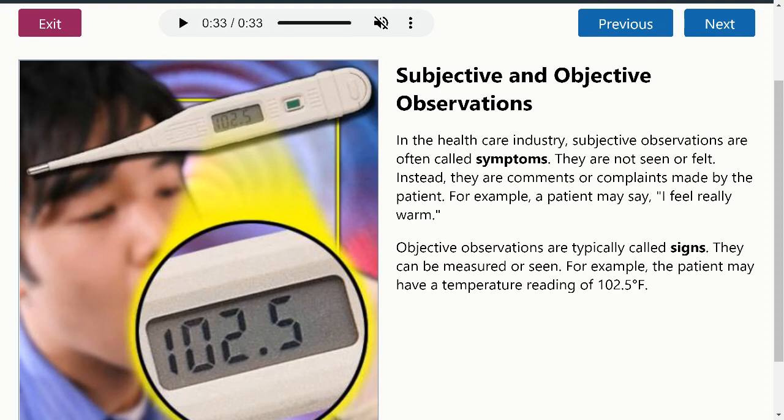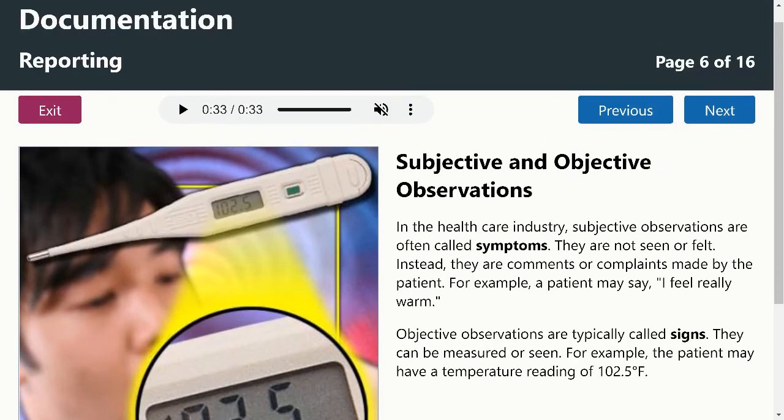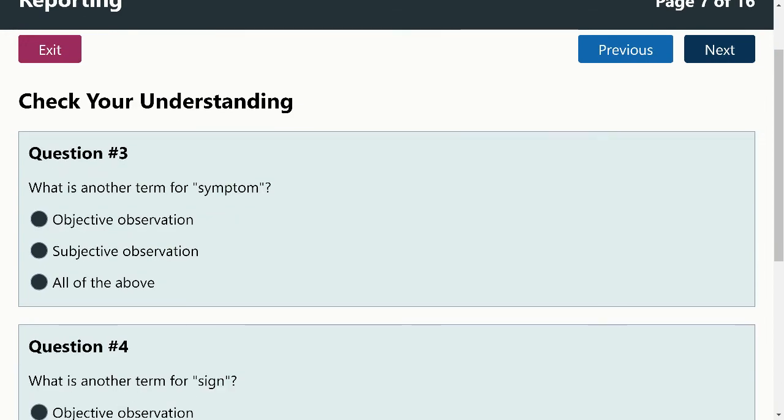So you just need to know that subjective observations are symptoms. What's another term for symptom?